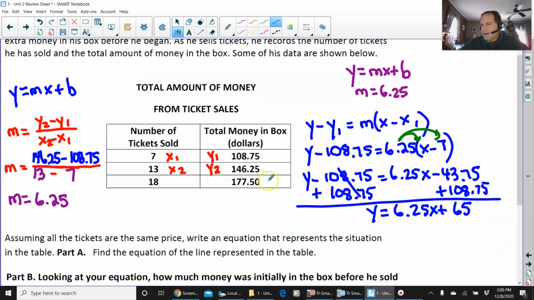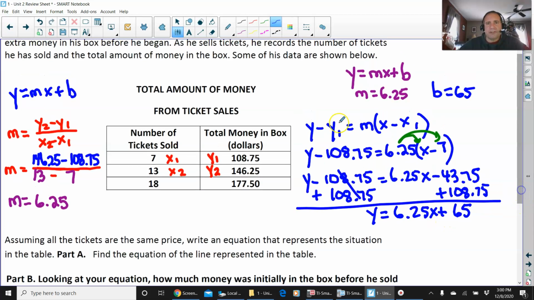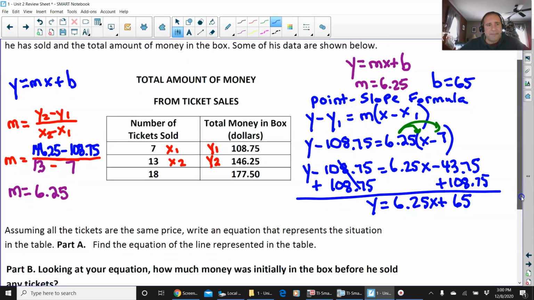So I now have my y-intercept of 65, b equals 65, because I have my y equals mx plus b. So I use the point slope formula because I had a point and the slope right there.